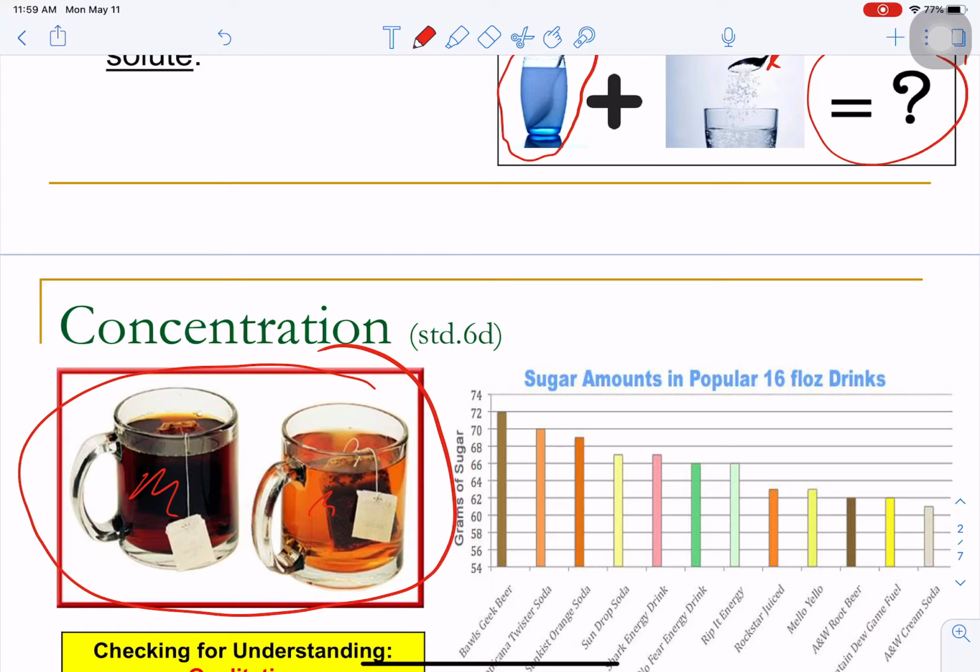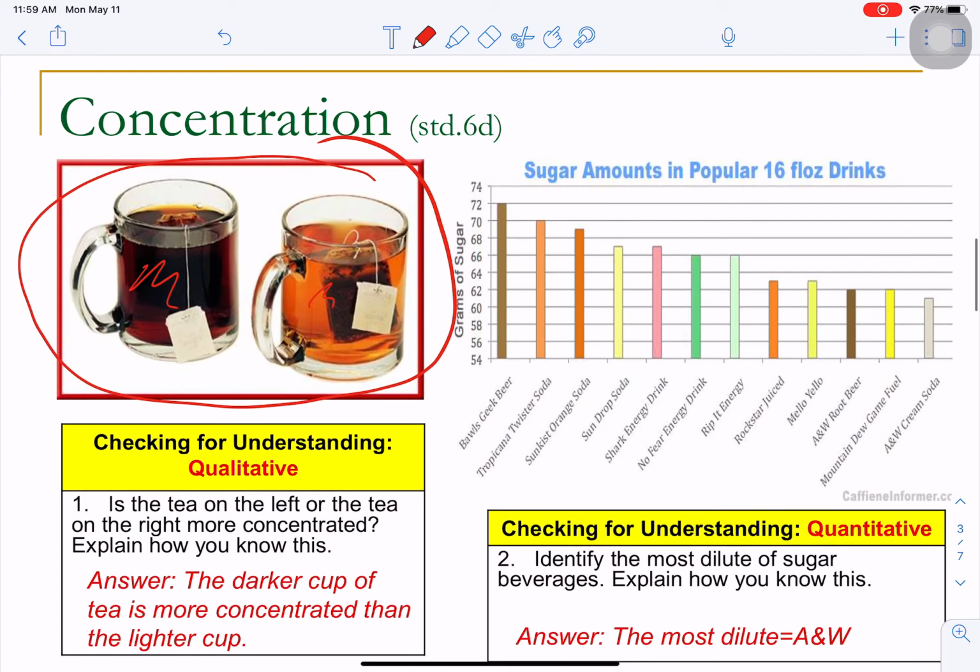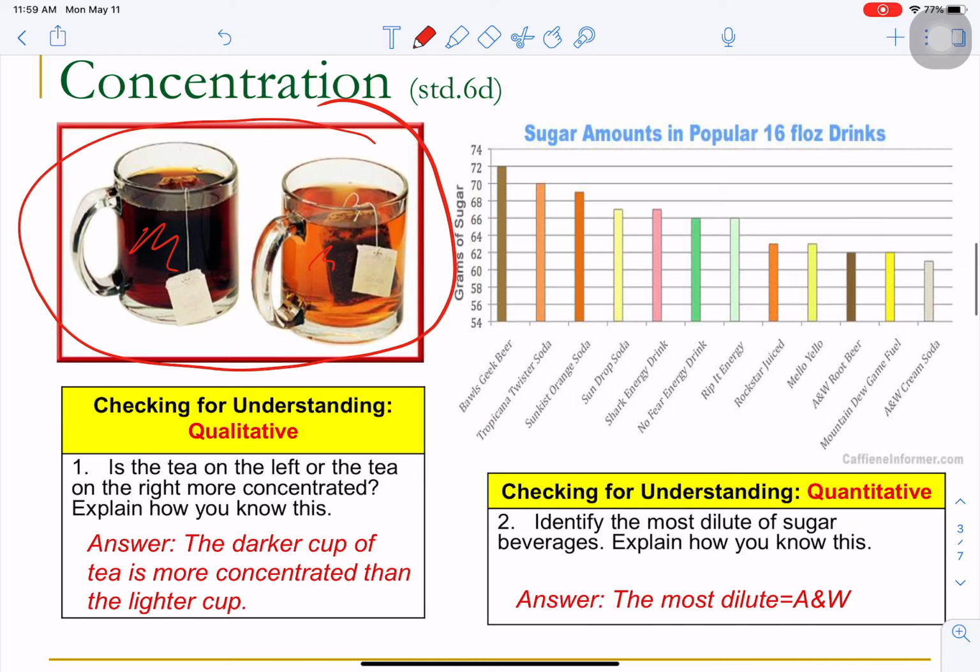That's because it appears darker. If it appears darker, we can kind of infer that there's more dissolved solute in there. All right. So qualitatively describing this situation would be the darker cup of tea is more concentrated than the lighter cup. Qualitative is purely an observation. Okay, let's move on to the next one.